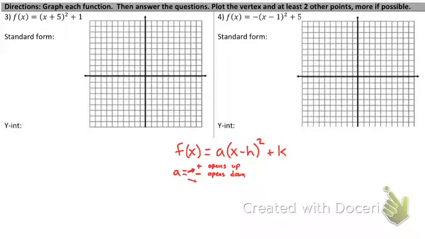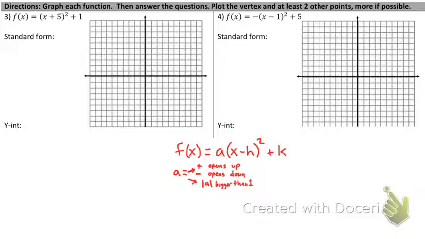The next thing the A value controls is how wide or narrow our graph is. Okay? All right, so if our A value without the sign, so that's why I put absolute value here. That means regardless of the sign, whether it's positive or negative, if our A value is bigger than 1, okay?